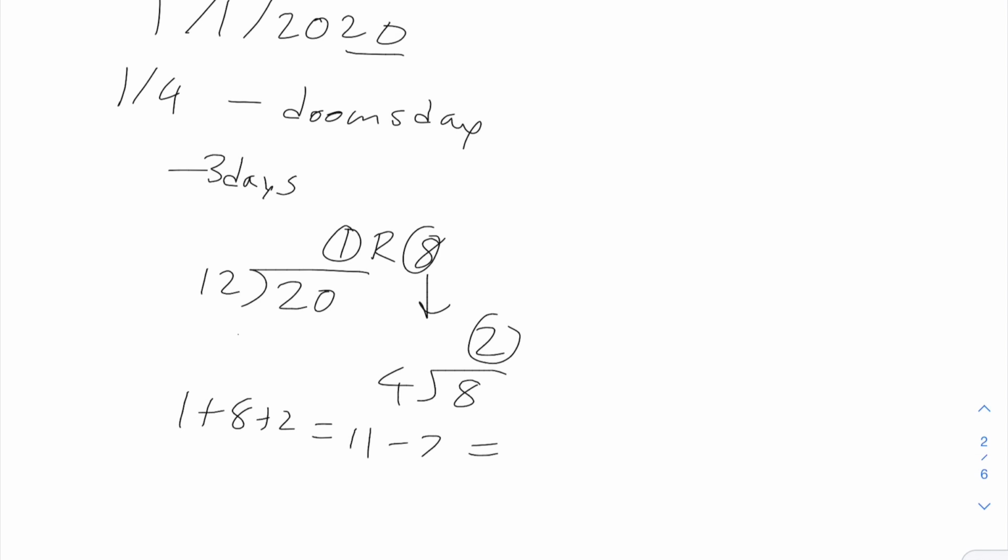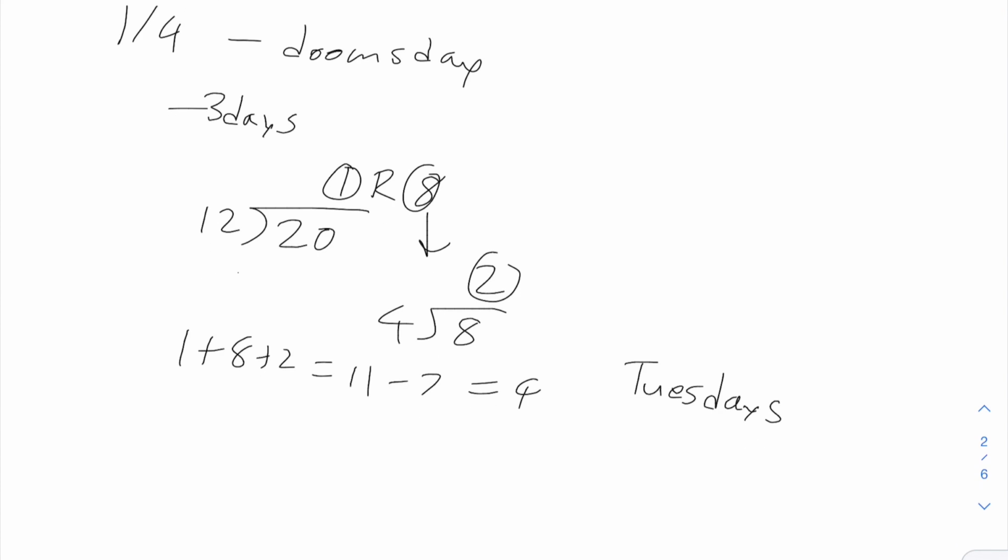So in this case, we get 4. This means that the doomsday is 4 days ahead of the anchor day of the century. So the anchor day of the century from 2000 to 2099 is Tuesday. So that means if we were to find the doomsday, it'd be Saturday.